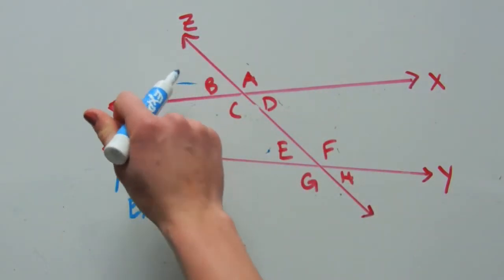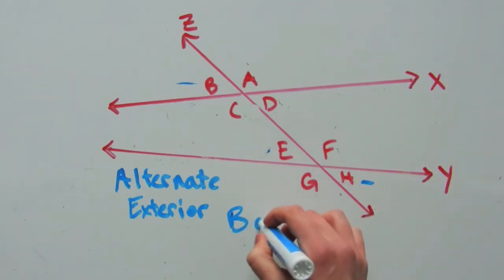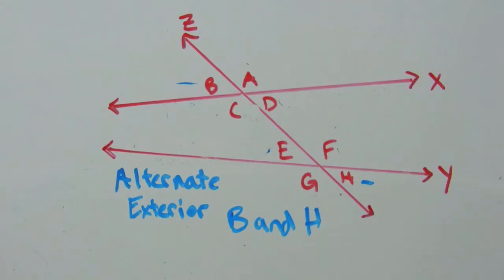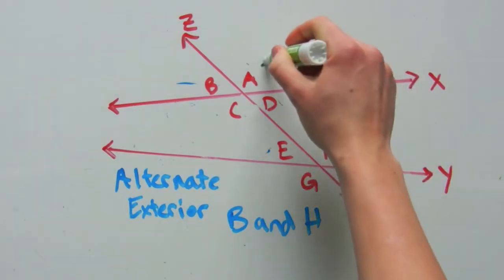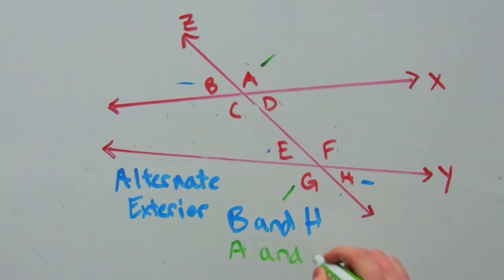So B would be an alternate exterior angle with H, so B and H, and the other two, A and G. So we have two pairs of alternate exterior angles.